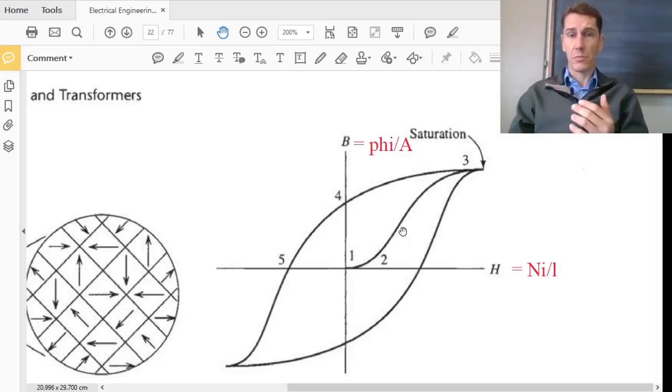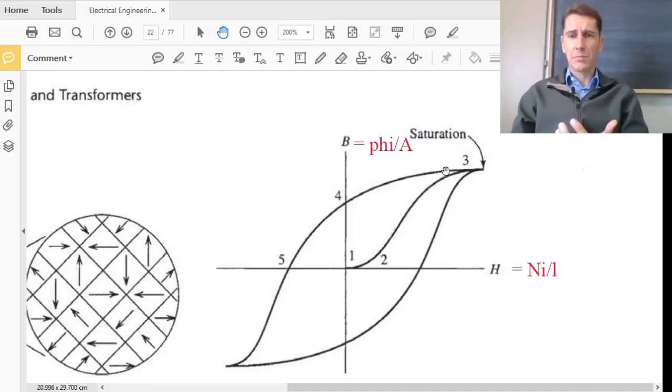But the harder you shout, the more will eventually get there. But you will always get a few hard-headed ones, deaf ones, that just don't want to listen. So you really have to put in more and more H, more and more effort to get the flux density going. But eventually, the vast majority of your domains will point in the same direction.